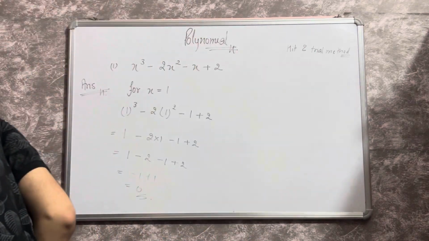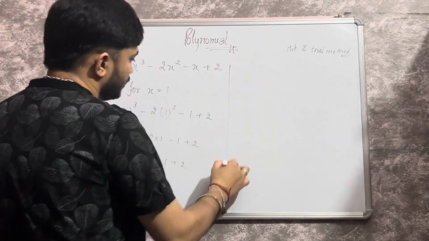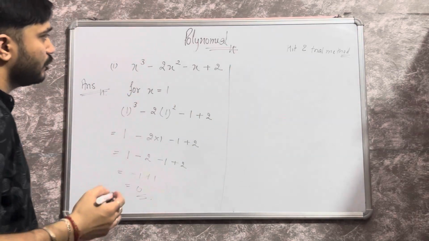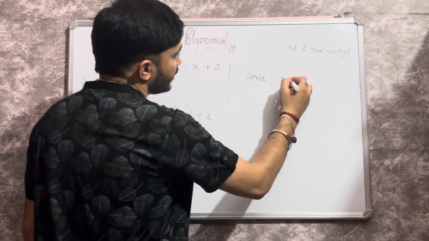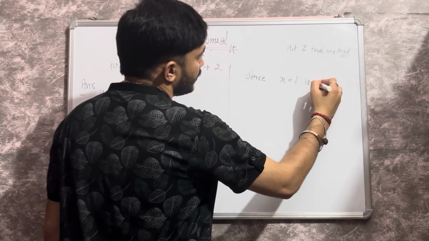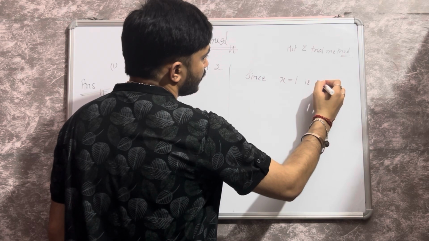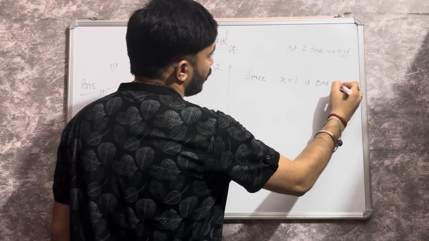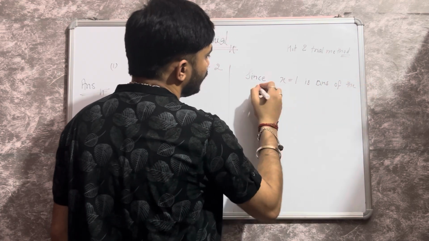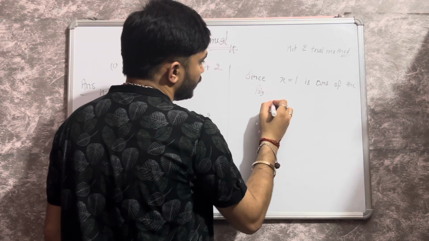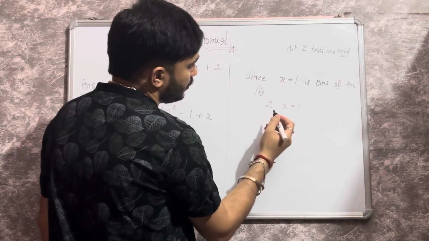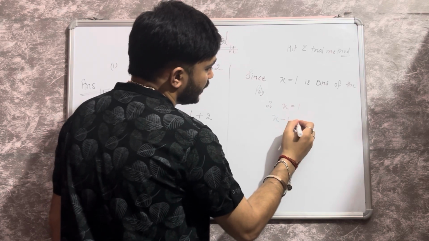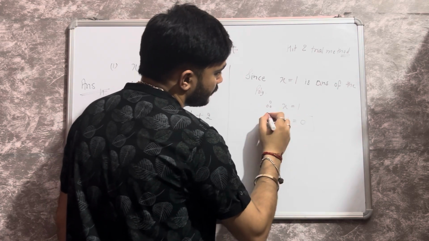Let us see. Now you have found the first number. So what you are going to do? Since x equal to 1 is the answer of the polynomial, therefore x equal to 1. Now take this one onto this side. It will be x minus 1 equal to 0.